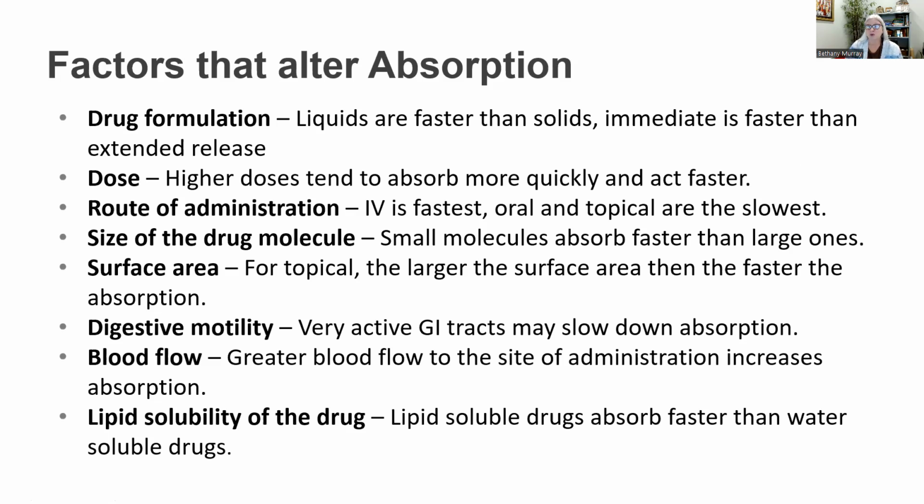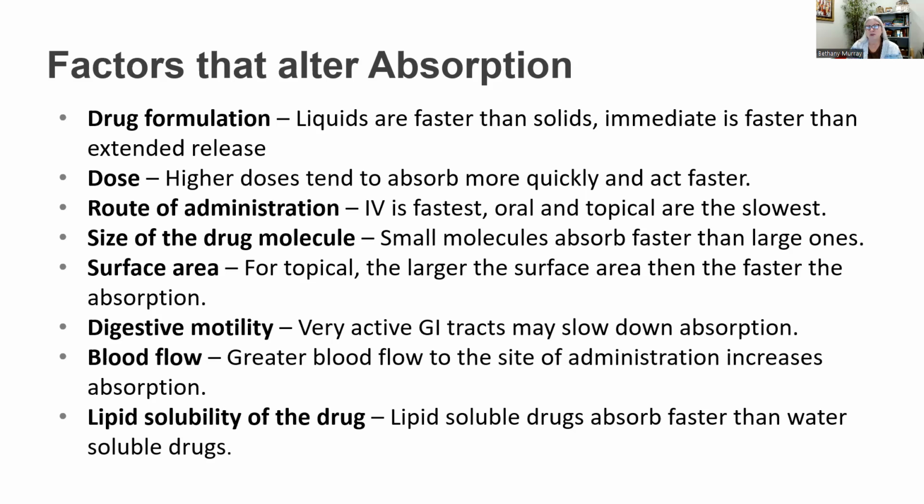The size of the molecule, as I said earlier, matters: small molecules may be more able to just passively drift through these plasma membranes, whereas larger molecules might need some kind of support. For surface area, if you're using a topical or skin applied medication, the larger the surface area you cover, the faster the absorption.